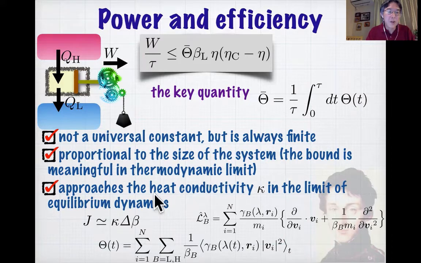And also, as I said, this theta bar approaches the heat conductivity kappa in the limit of equilibrium dynamics. Okay, so it's a kind of renormalized heat conductivity. Okay, so that is how we derive this important relation starting from this improved Shiraishi-Saito bound.